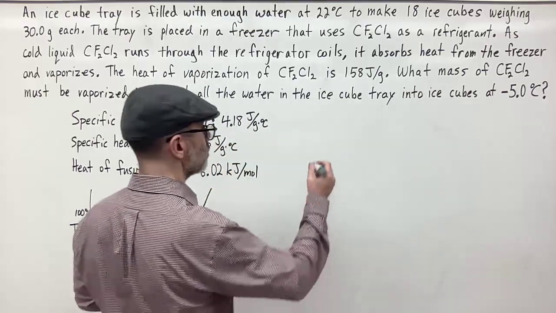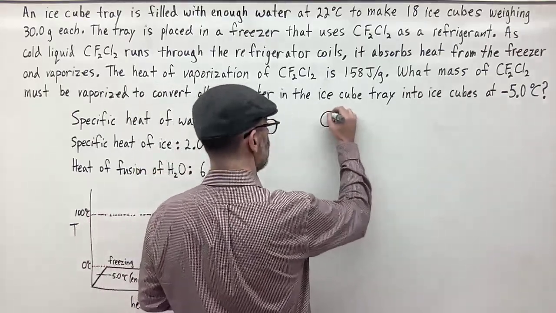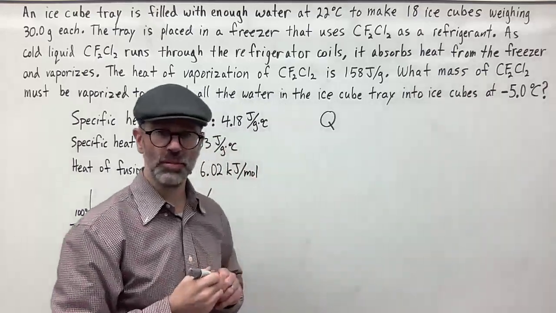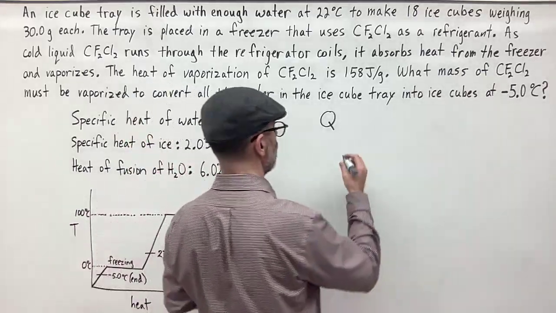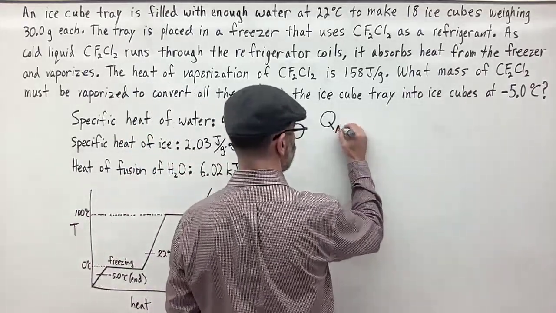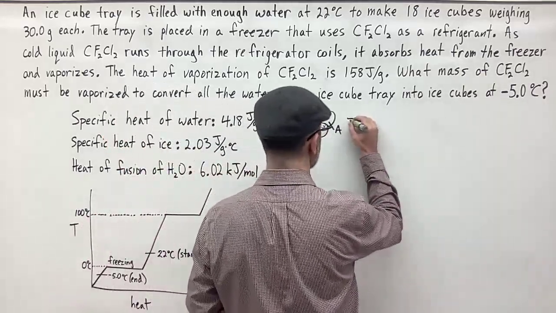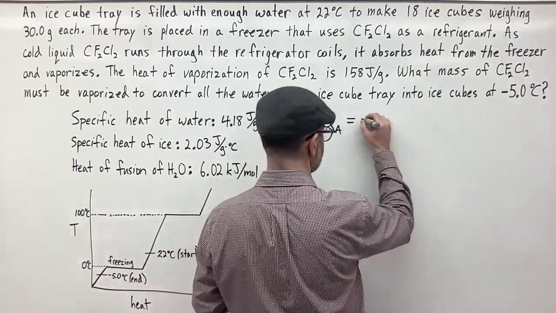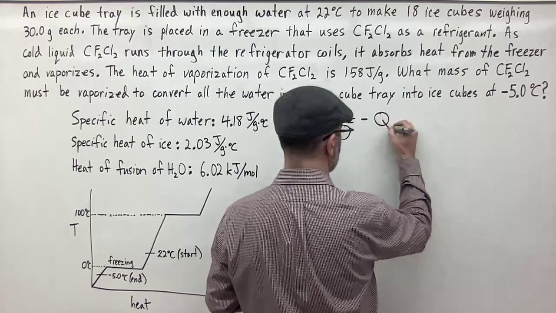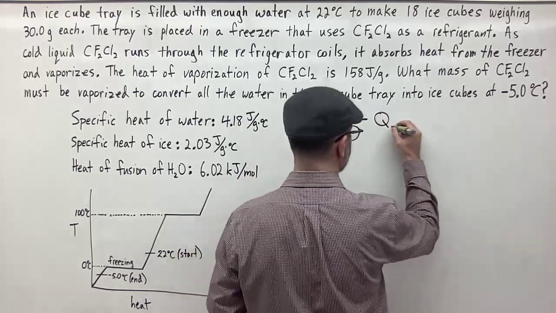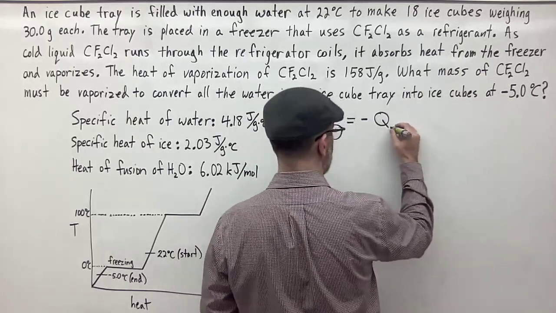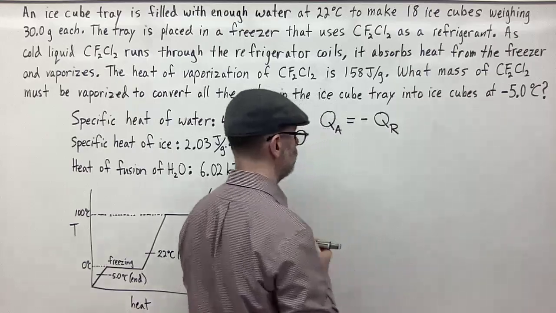So what does this mean? It means that the amount of heat absorbed, Q, is the amount of heat lost or absorbed. So Q absorbed is going to be equal to, but opposite of, the amount of Q or heat that was lost or released.